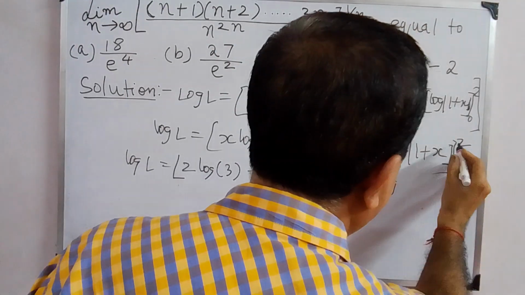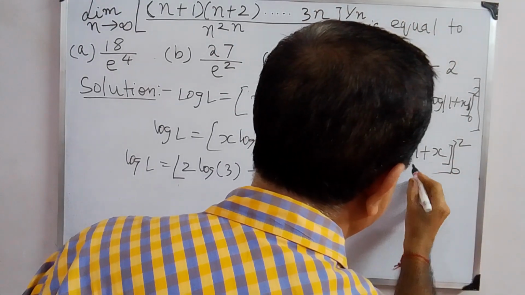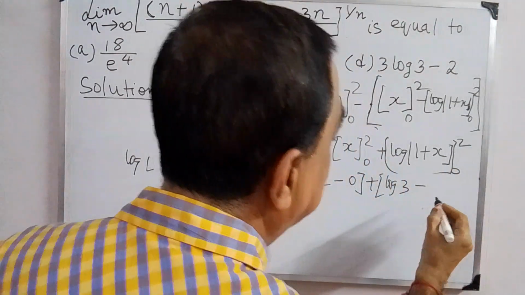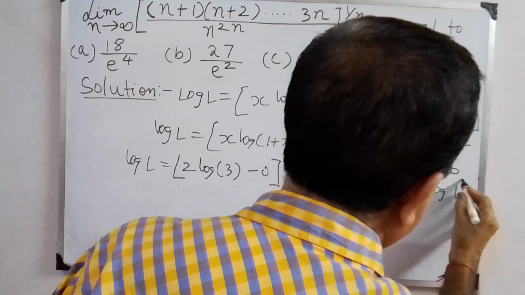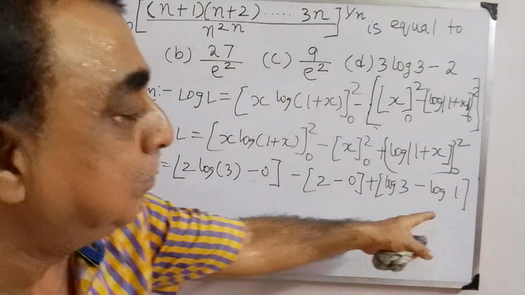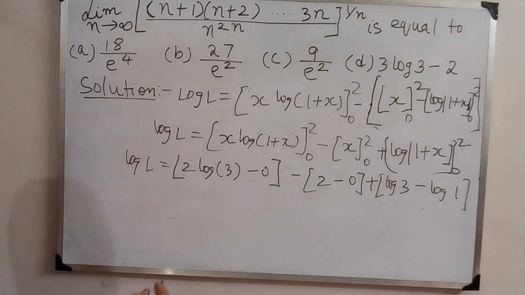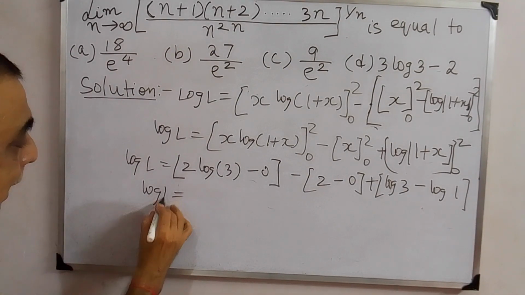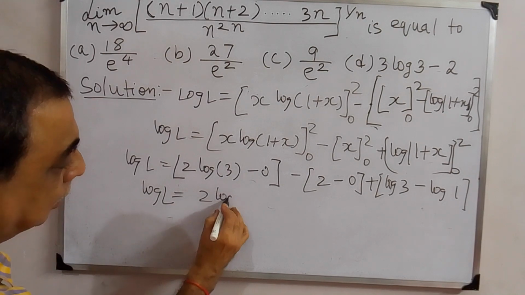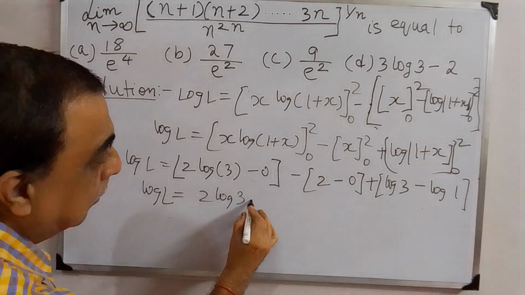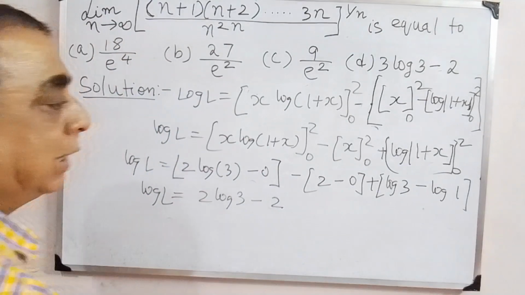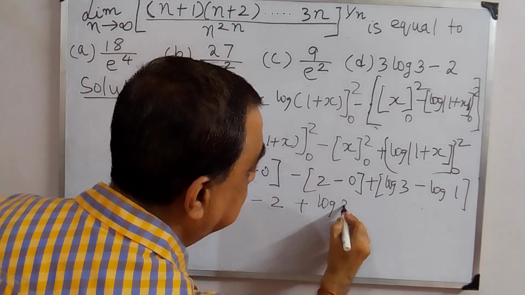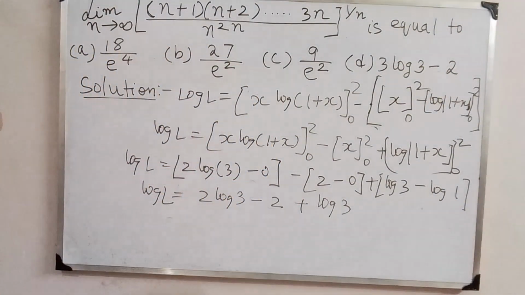First you put 2, so this becomes 1 plus 2, that is 3. And when I put 0, we get log 1, and log 1 of any base is 0. So log L becomes 2 log 3 minus 2, plus log 3, because log 1 is 0.